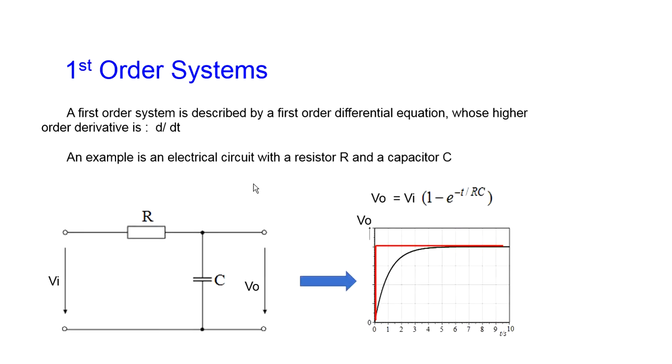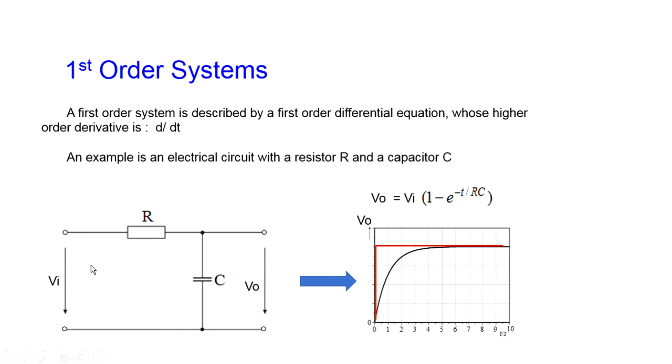A typical example is a simple electrical circuit with a resistor R and a capacitor C. There is an input voltage called VI on the input and an output voltage, V output or VO.